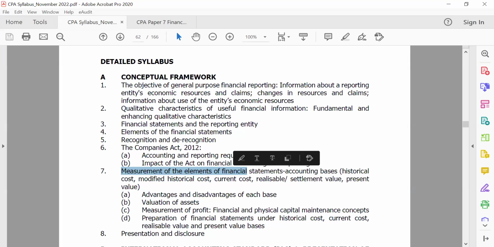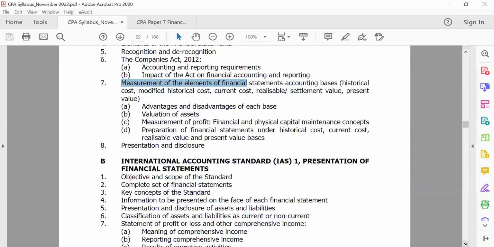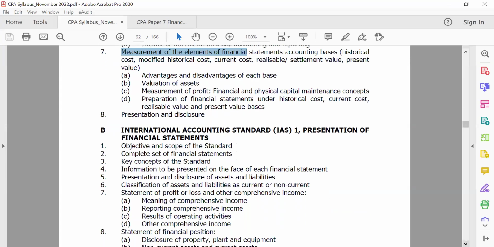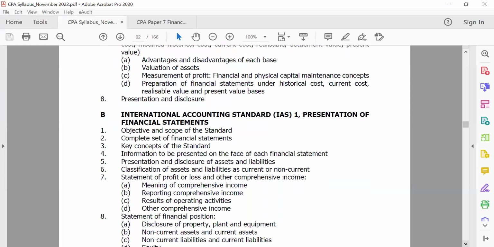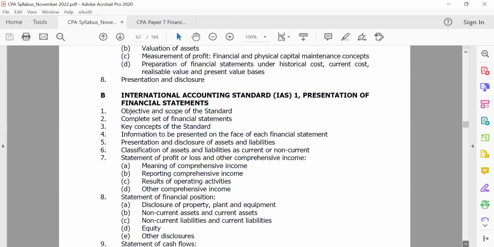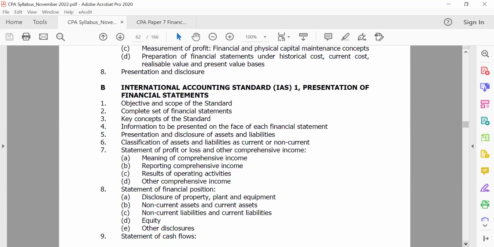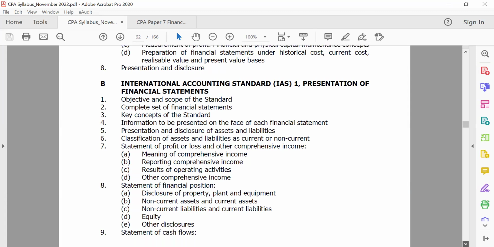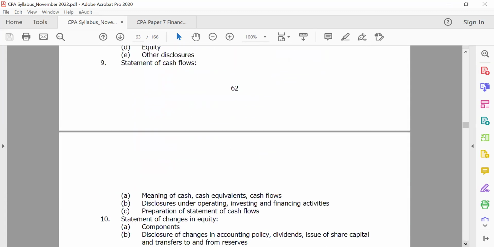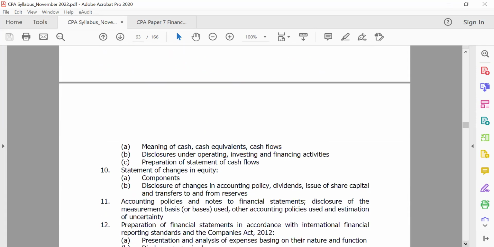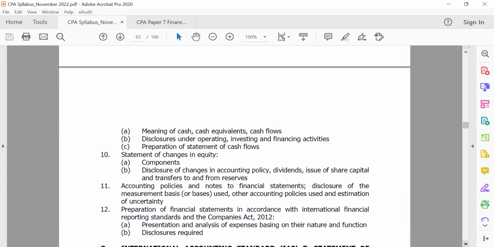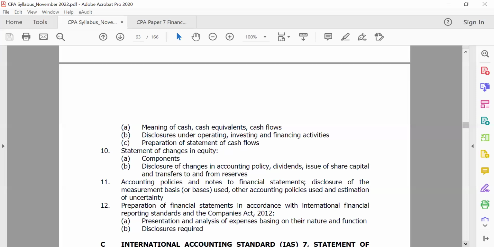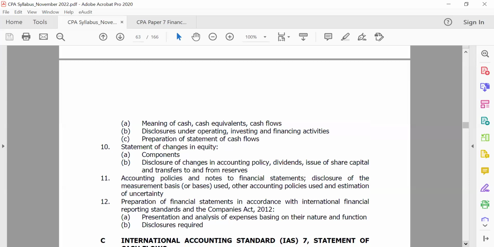And then the presentation and disclosure. And that will help us get into IAS 1, which is presentation of financial statements. So we'll be able to understand how each of these statements look like, this profit and loss, the statement of financial position, the statement of cash flow, the statement of changes in equity, and then get down to also look at the accounting policies and notes to financial statements.